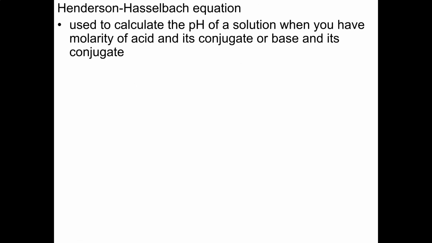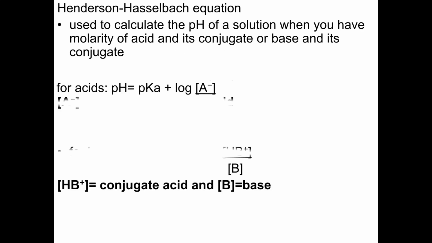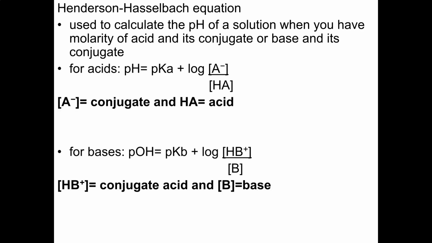Henderson-Hasselbalch is used to calculate the pH of a solution when you have the molarity of an acid and its conjugate, or a base and its conjugate. This is a shortcut you're going to need for buffer questions, which is why I'm throwing it in here. It saves you a lot of time. All you need is the concentration of the acid and its conjugate, or the base and its conjugate, to do this calculation.